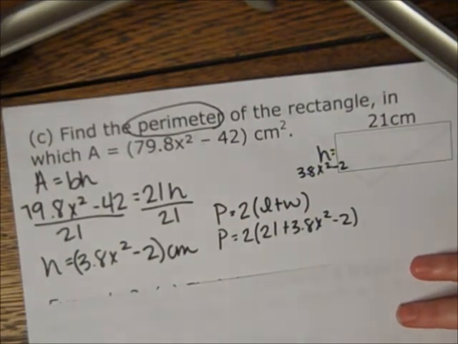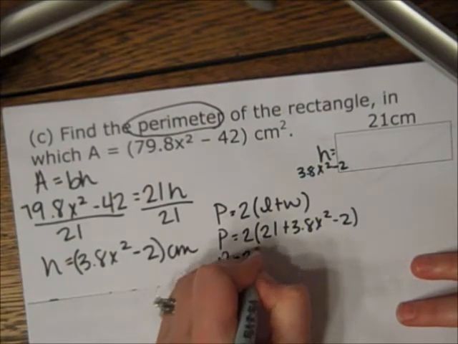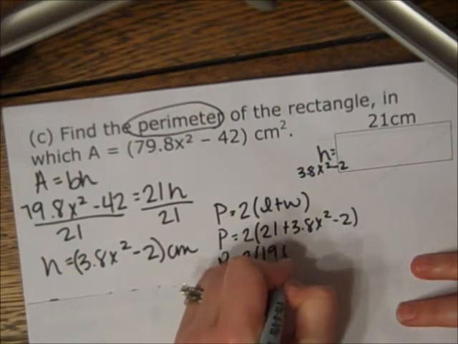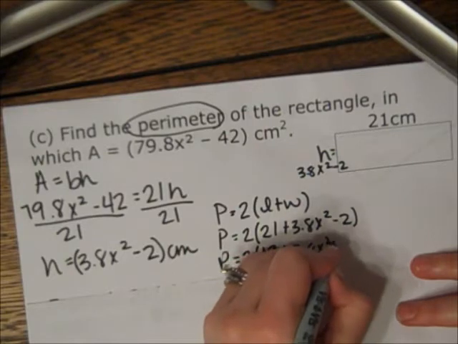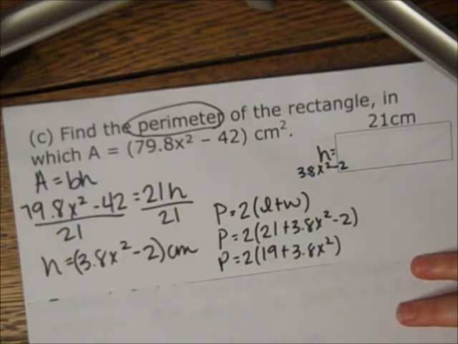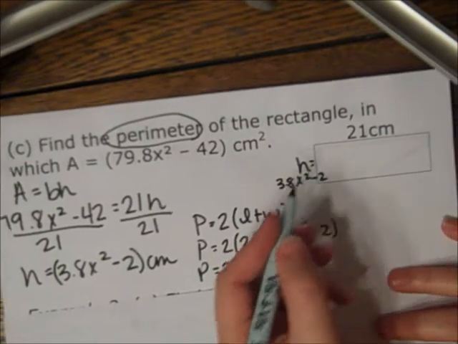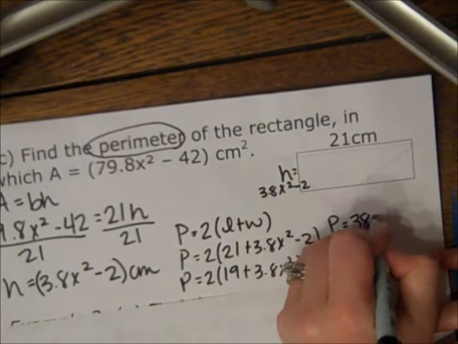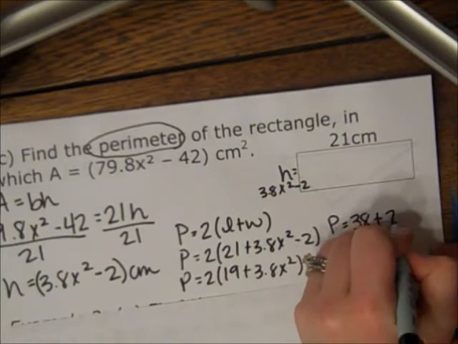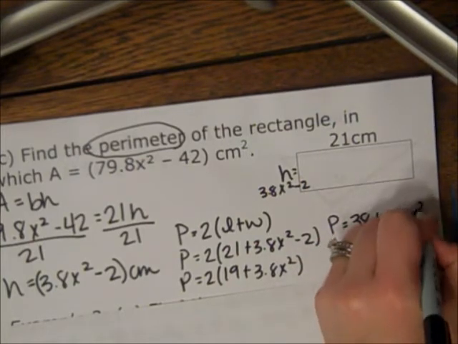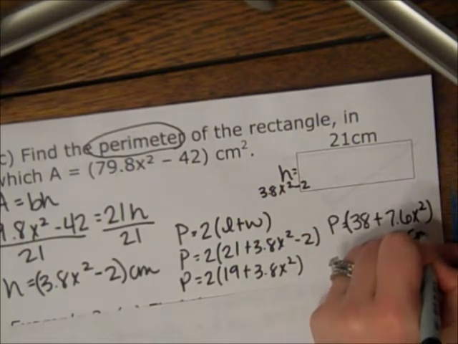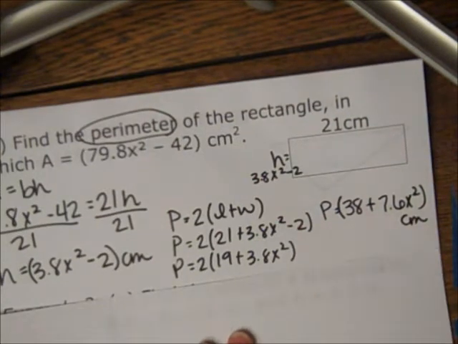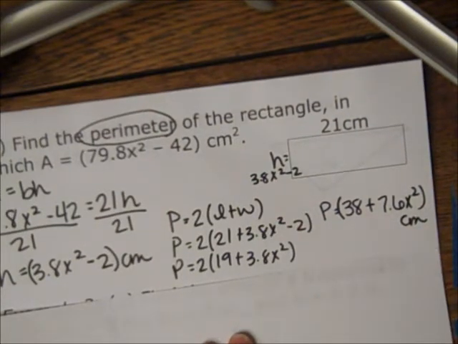So that simplifies to 19. And then we'll distribute that 2. So over here, the perimeter is 38 plus 7.6x squared centimeters. So not a pretty answer, but the correct one nonetheless.